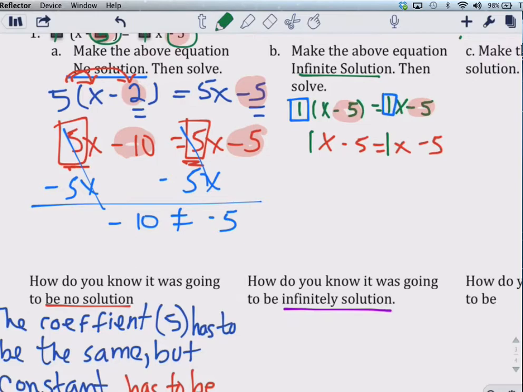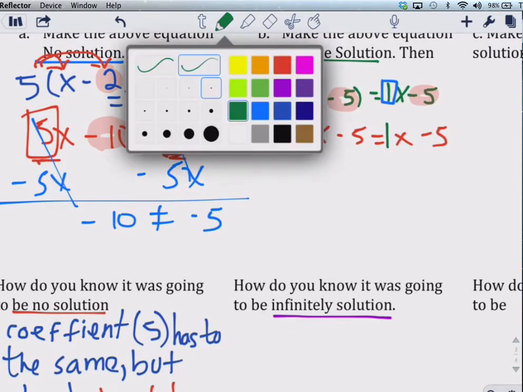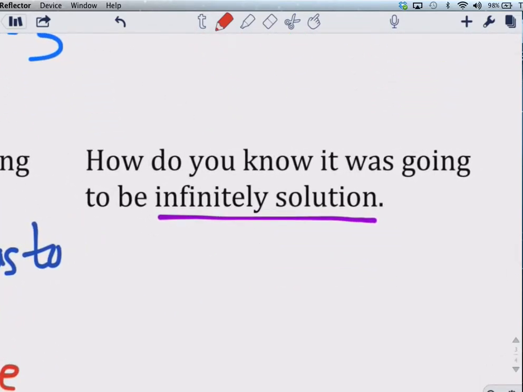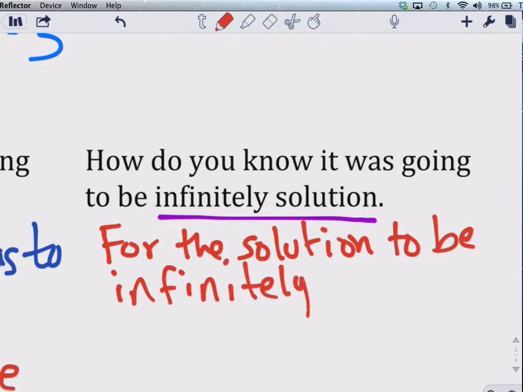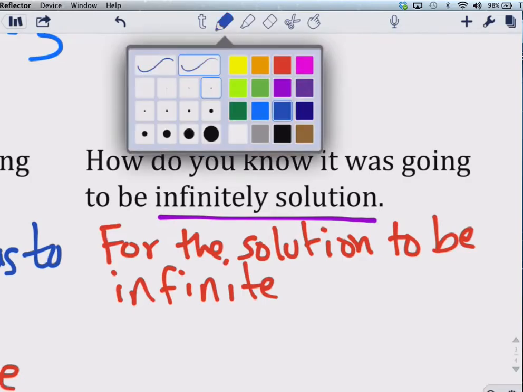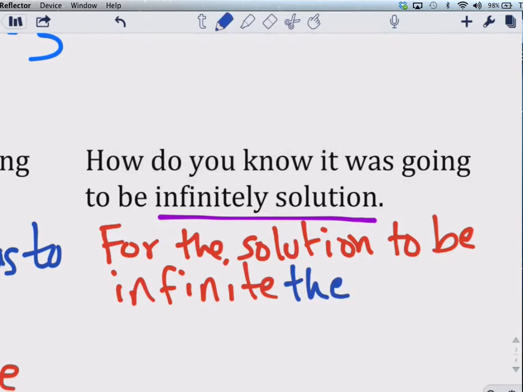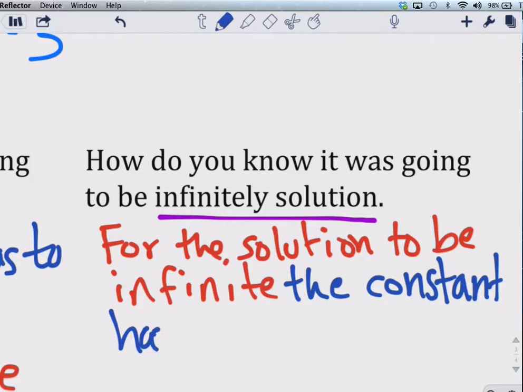So how do you know to have infinitely many solutions? In order for the solution to be infinite, that means never ending, the constant, C-O-N-S-T, has to be the same.